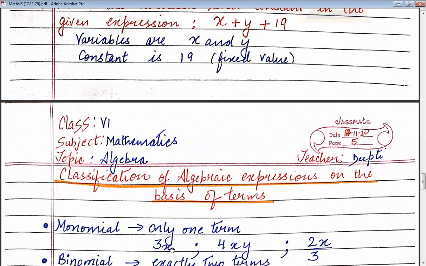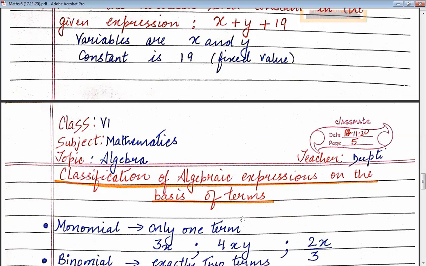No. Whenever you have a plus sign or minus sign, only then is it considered as two terms. Here, 3 multiply x means only one term. Next one, 4 into x into y, 4xy, one term. Next, 2x divided by 3, one term.